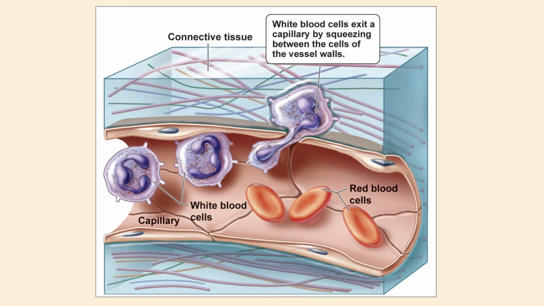The cytoskeleton of the cell is responsible for determining the cell's shape. So by manipulating its cytoskeleton, this cell can squeeze through the intercellular clefts in the wall of a capillary. It can leave the blood and enter a different tissue in order to fight a pathogen.